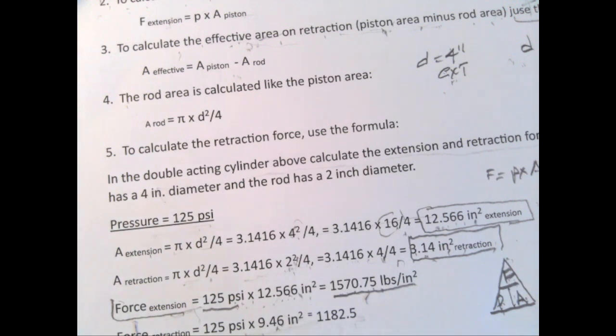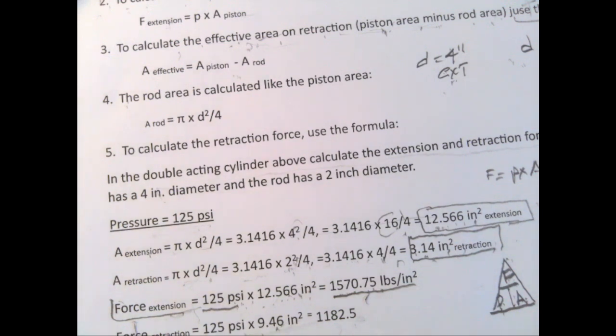I'm going nuts here. All I got to do is take this area. I don't know why I'm making this so complicated. I'm working in force now, so I need an area here. Take the 12.566 and subtract the rod. That's what you're going to get for retraction. That's no mistake. That's just me not knowing what I had done.